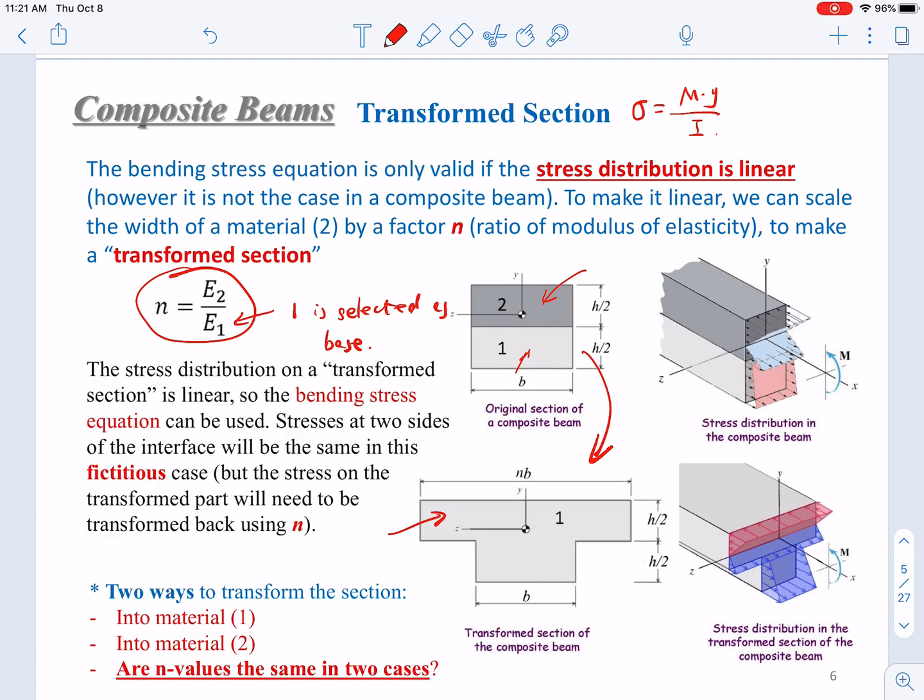Of course, we have two ways to transform the section. We can transform material 2 into material 1, or transform material 1 into material 2. But the n values will be different.